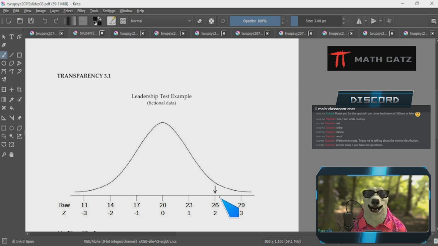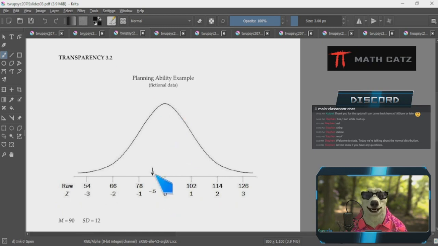Depending on which two positions I look at, this one visually does seem further away from the center than this one, and it's on the other side as well. However, by standardizing this bell curve, we can better compare. Maybe the same person took these two different tests. We can better compare and better explain the observations that we get.